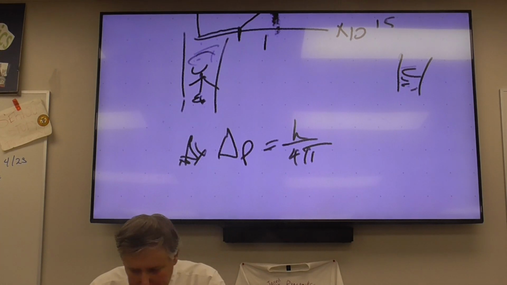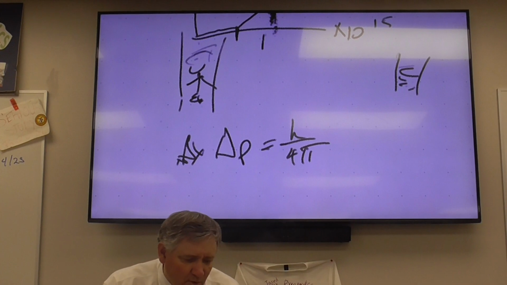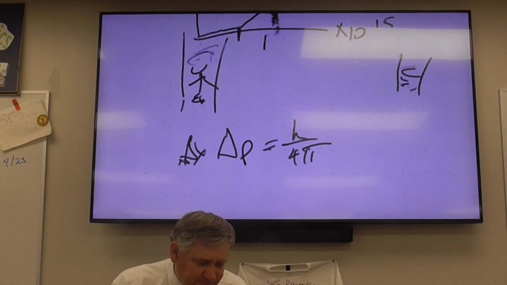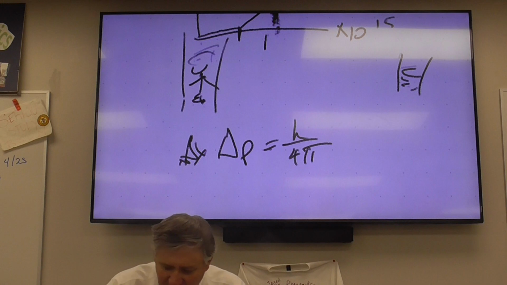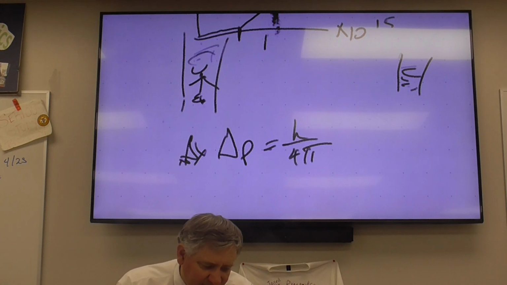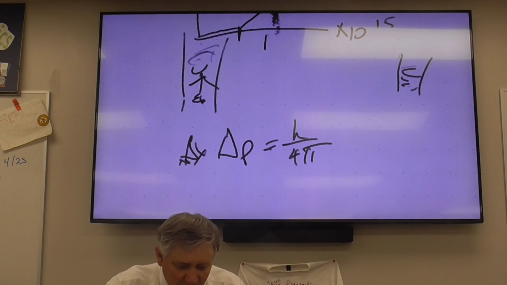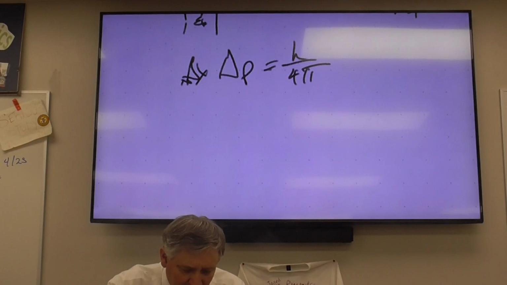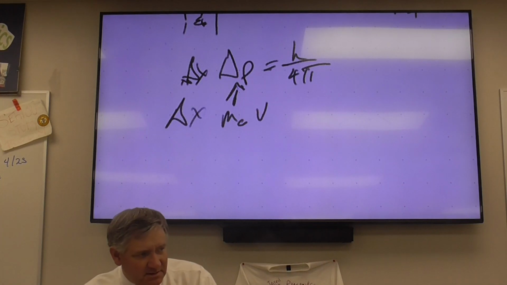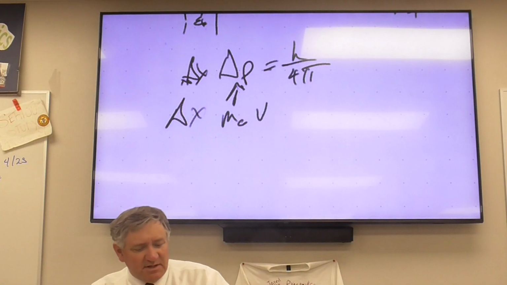H over 4 pi. So what you've got on 45, first off, is an electron. On your momentum, that's going to be the mass of the electron times its velocity, and then your unknown x. So your uncertainty is not in the mass of the electron.